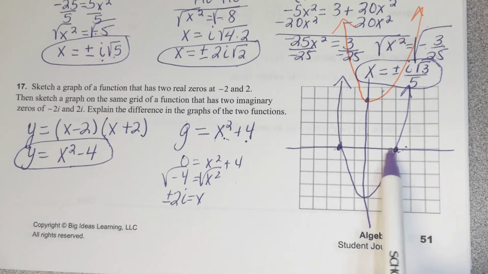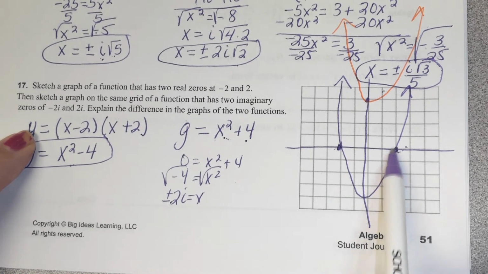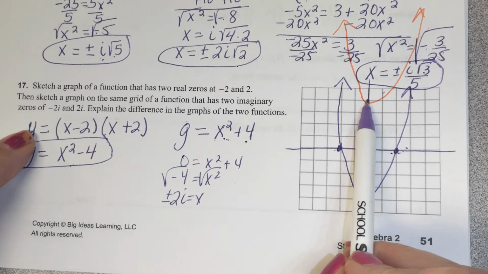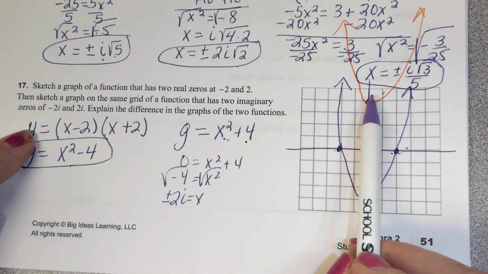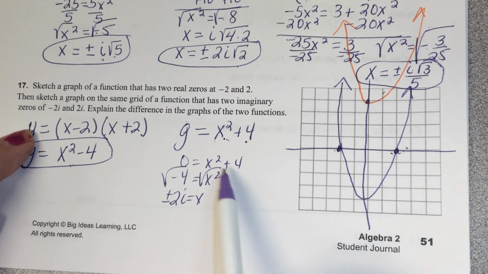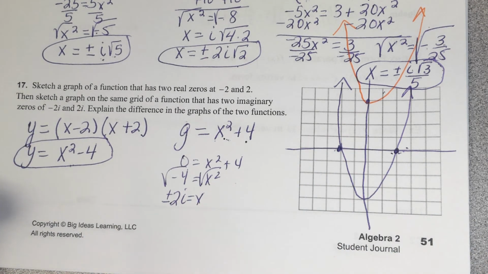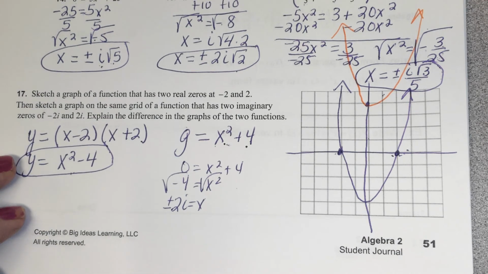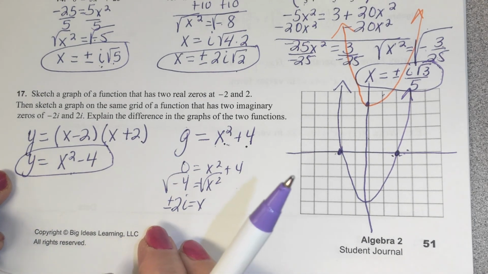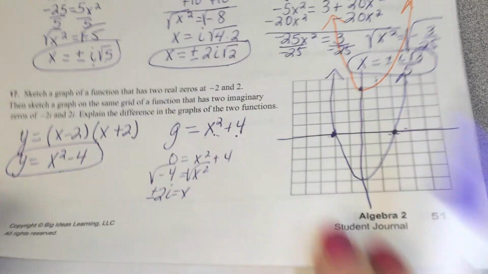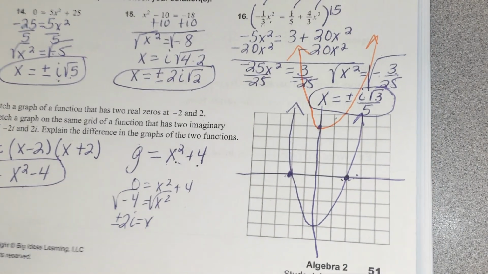These are the solutions. These are what make the function equal 0. But here, there are no real values that will make this equal 0. The only values that will make this equal 0 are imaginary, and that's why we don't have any x-intercepts. Okay? Any questions? All right. So that's it for 3-2.